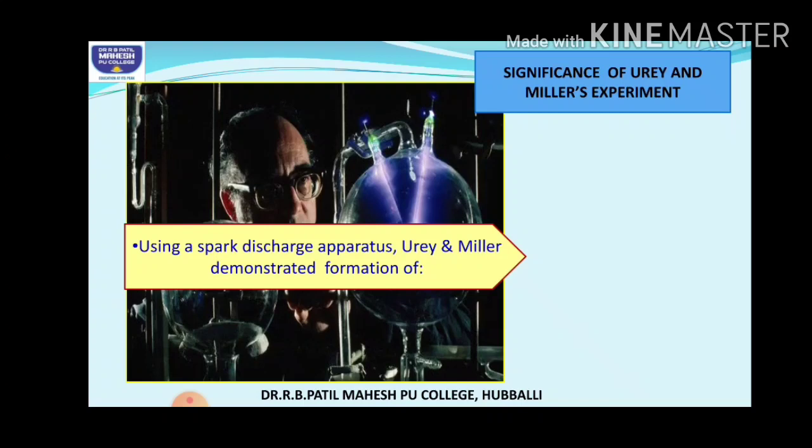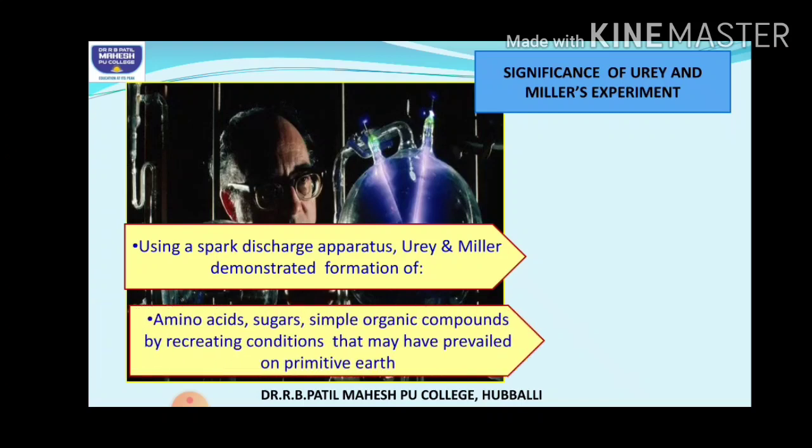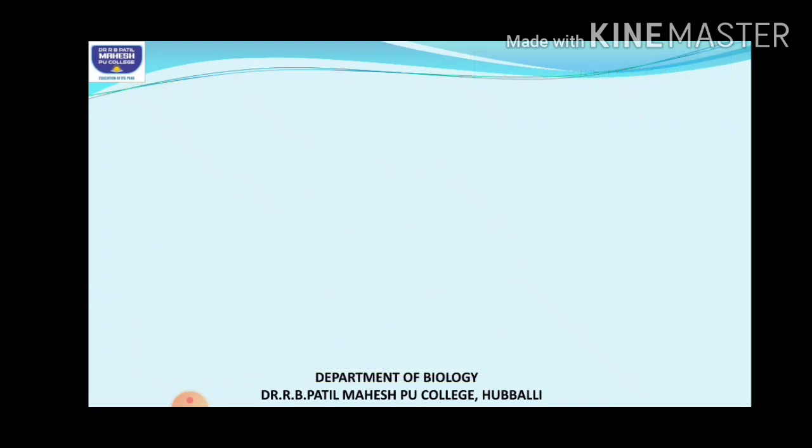Using the spark discharge experiment, they could see the formation of simple organic compounds by recreating the similar primitive atmospheric conditions. They could prove that the primitive earth gave rise to the simple organic compounds.